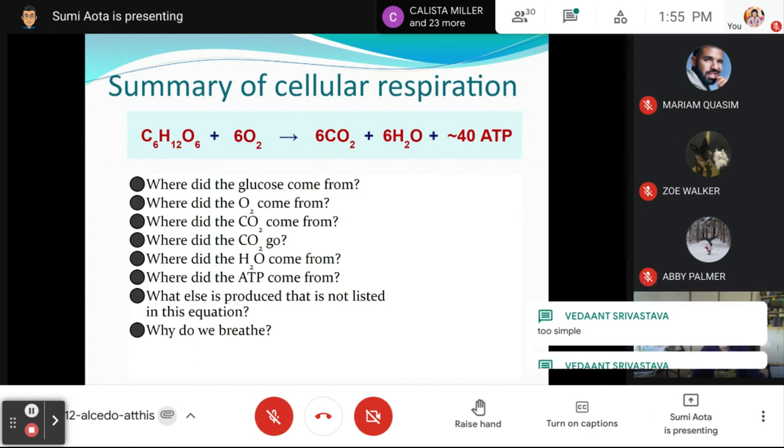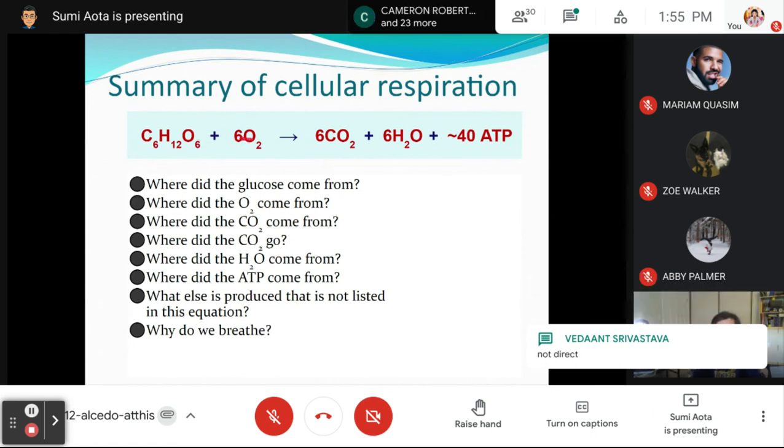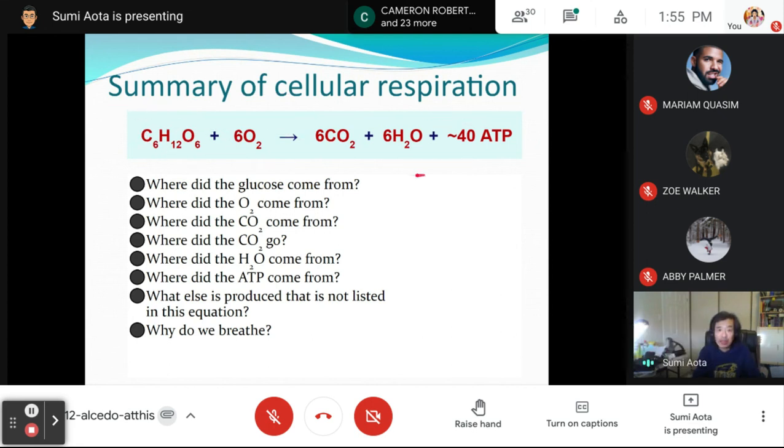Okay, it is an oversimplification, but the deception is here. What this equation looks like is that the carbohydrate gets split. It looks like the carbohydrate is a source of water, and the carbon combines with oxygen to form CO2.